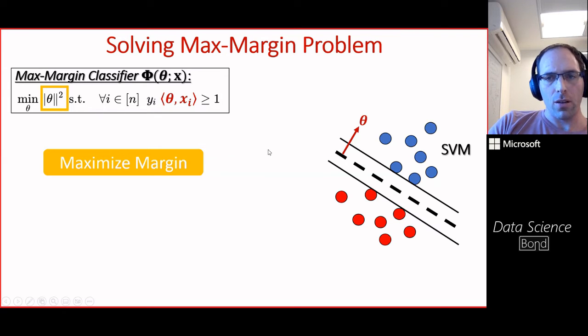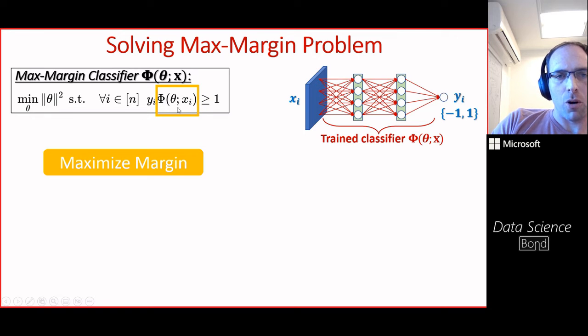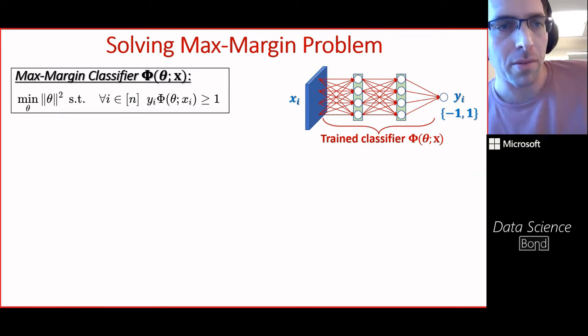So you're looking for the predictor with the maximum margin such that all the training samples are correctly classified: larger than 0, but actually larger than 1, larger than some margin. Okay, so this is a brief reminder. Now, when you have a deeper model, some classifier phi, this optimization problem just changes to be any phi of theta x. So this is the optimization problem that we are trying to solve. And how do you solve constrained optimization problems?